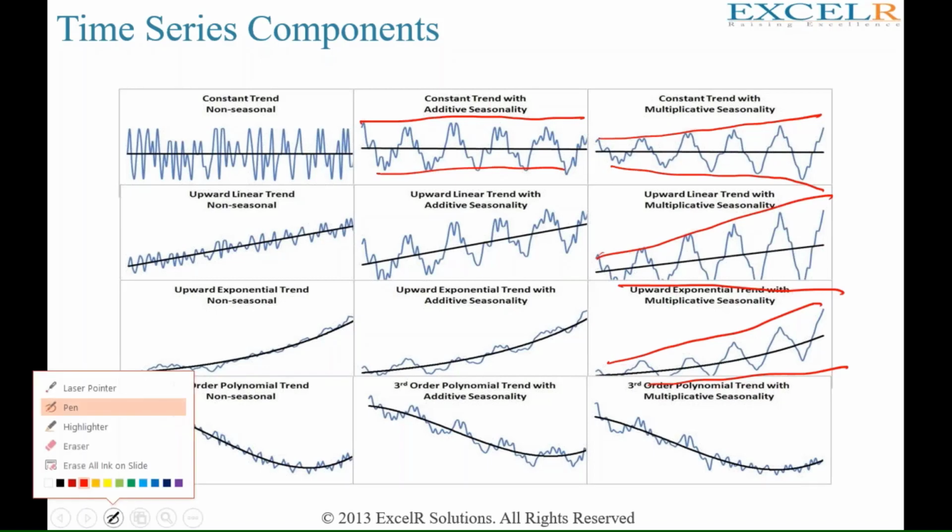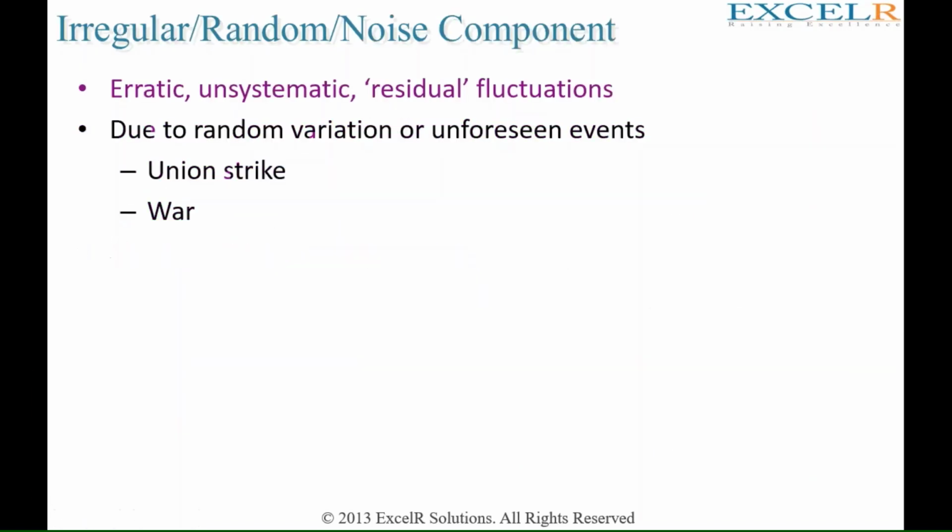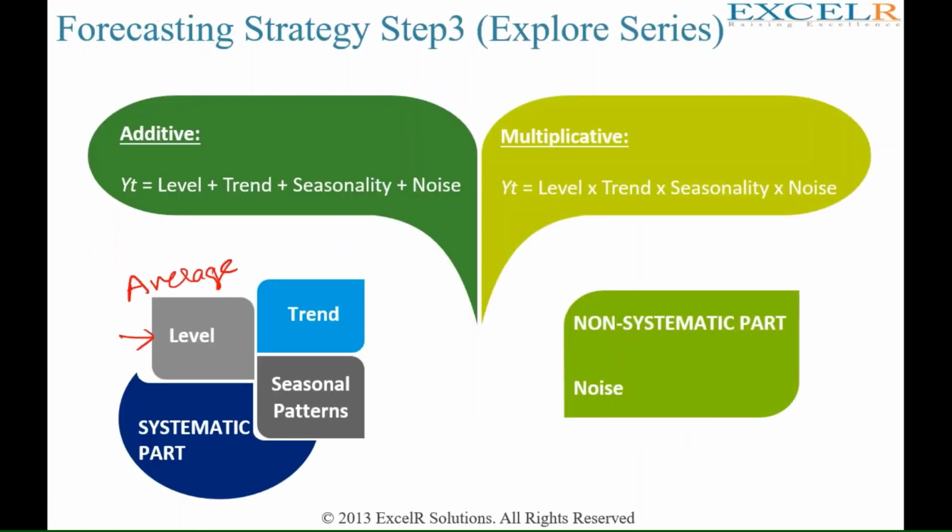And why did we discuss that? We have discussed it because we know that the data has to be segregated into level, trend, seasonal, and random components. Once you forecast all these components, you have to combine them. When you want to combine, would you use additive technique or multiplicative technique?